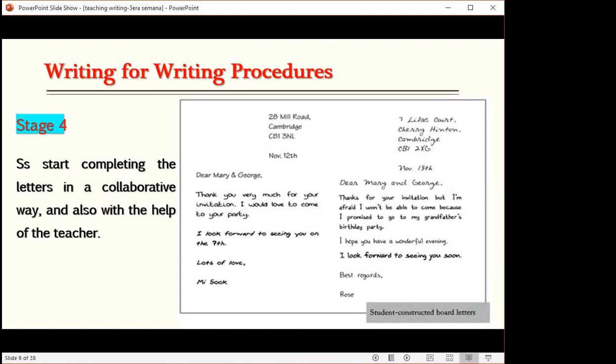Yeah, teacher, the address, the sender address. All right, volunteers to write the sender address. So they start writing the sender address. So notice, they are participating in this process of writing. It's not personally. So they are doing it together, all right, in a collaborative way. So notice, this is the stage 4.